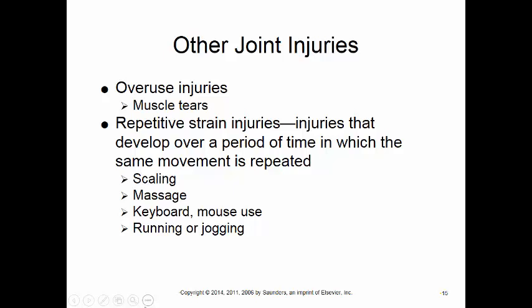Some things that can cause these repetitive strain injuries include scaling, massage, keyboard use and mouse use, and running and jogging. So you need to know the correct occupational tips to minimize repetitive strain injuries in a lot of cases.